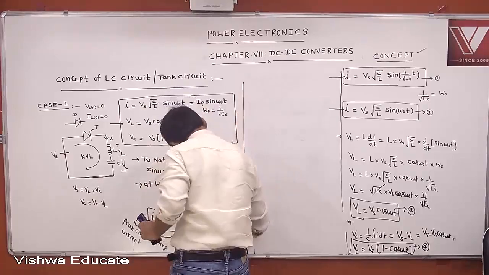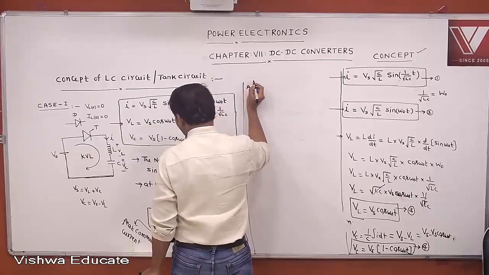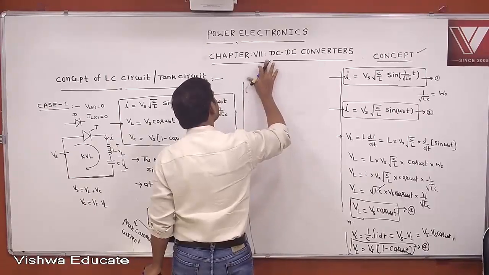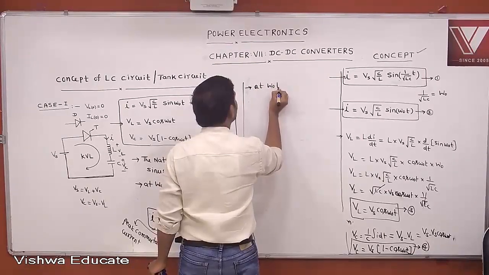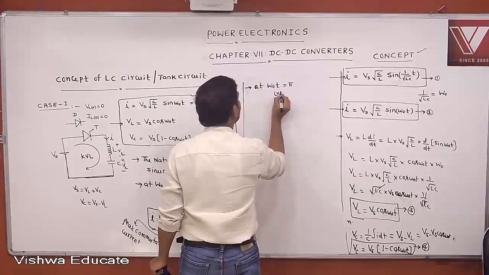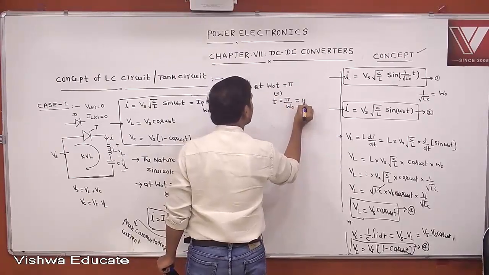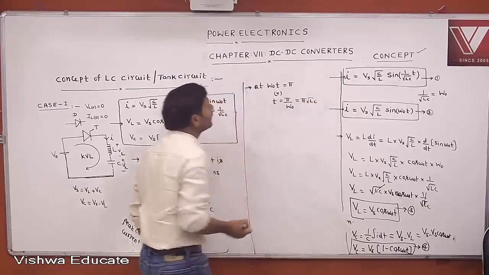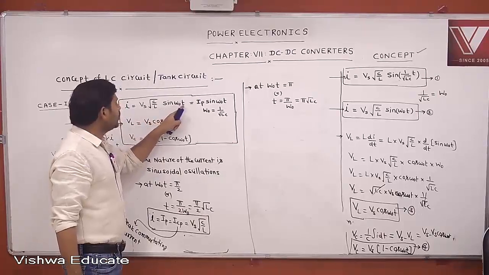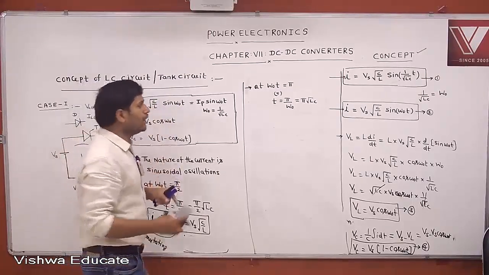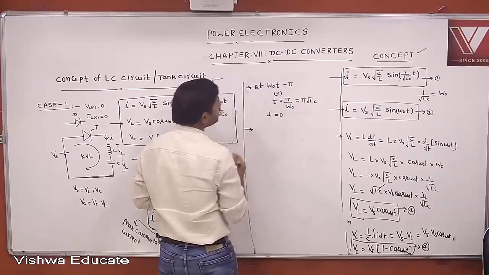One more observation: at omega naught t equal to pi, or t equal to pi by omega naught, that is pi root LC, the current is 0. At omega naught t equal to pi, I equals 0. That is the second observation.